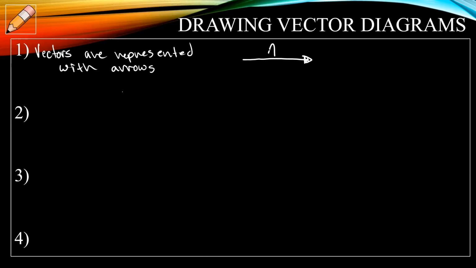Any vector quantity is going to have a symbol. Whenever you write the symbol for a vector, you have this little hat or little arrow on top of it.